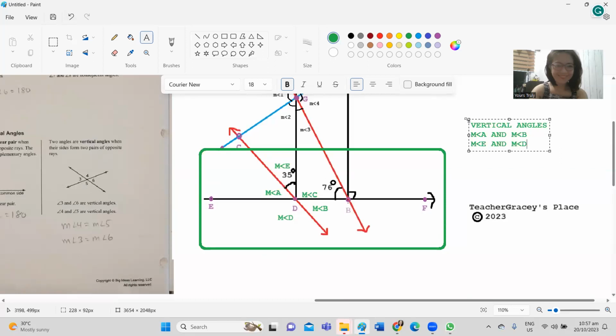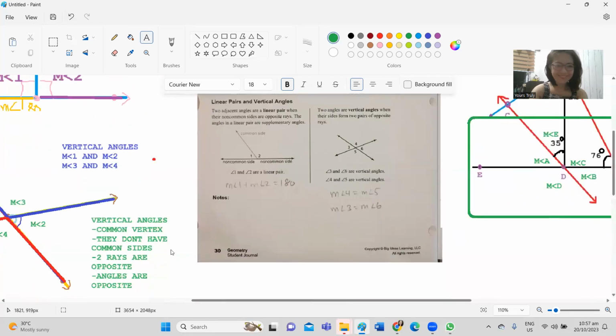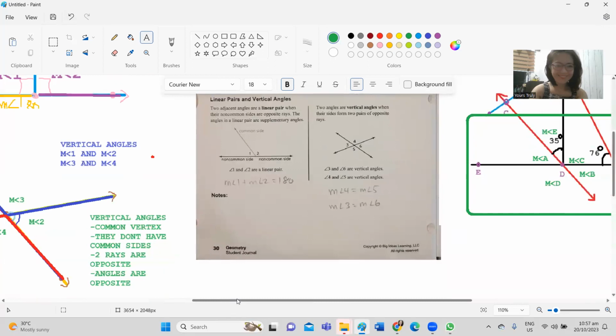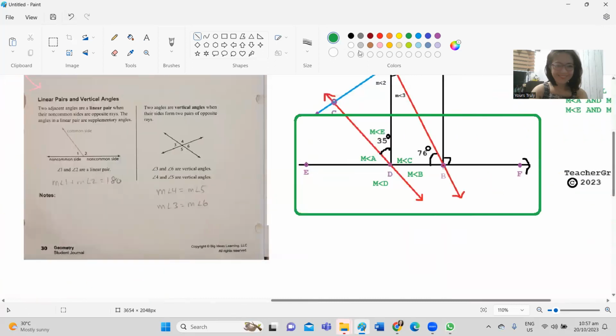Do they have the opposite rays? Remember, we say that vertical angles have opposite rays. So we'll see. This is the ray of angle E, but it has no continuing ray here because the other ray, the ray of the angle D, bent here.